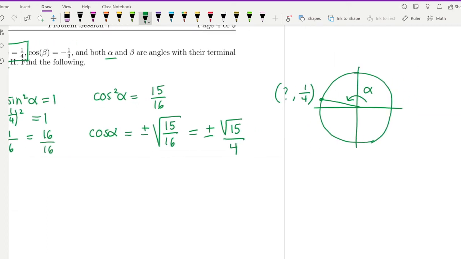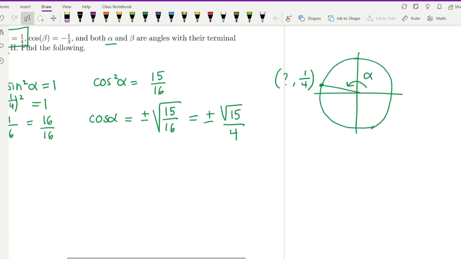We're in quadrant 2, and when you have an angle in quadrant 2, the x-coordinate is going to be negative, just because of where it's located. It's to the left of the y-axis, and so the x-coordinate is negative, meaning that cosine is negative. And so we're going to take the negative answer, and our final answer here is that cosine of alpha is equal to negative square root of 15 over 4.